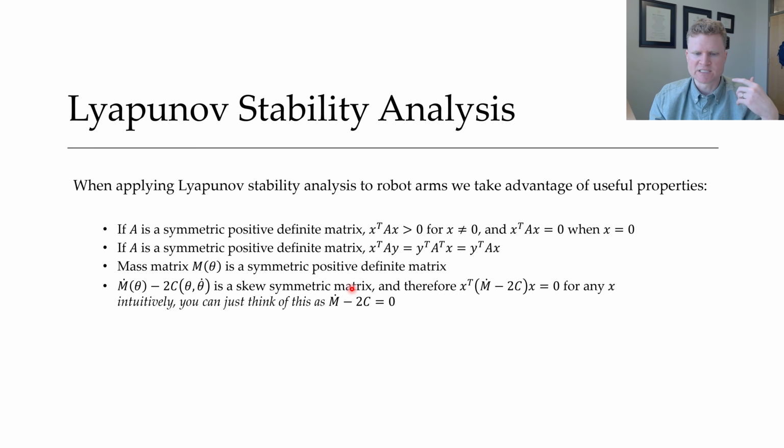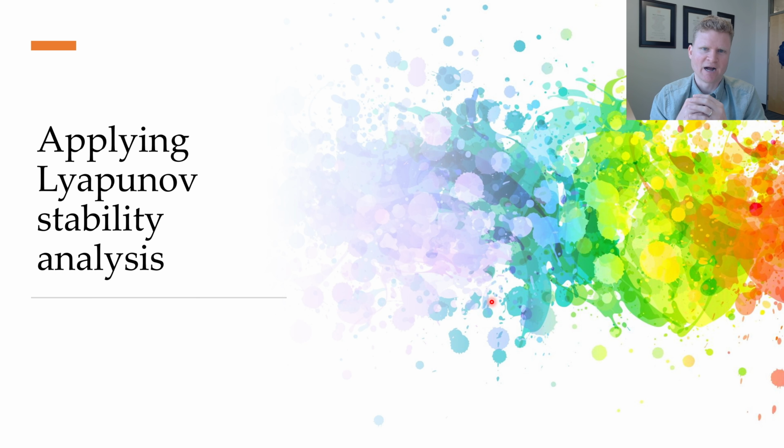Intuitively, if you like, you can simplify this down to something like M dot minus 2C is equal to 0. This isn't technically the case, but I think it's a nice simplification just to keep in mind. So whenever you see this M dot minus 2C, you're probably going to get some sort of cancellation in your analysis.